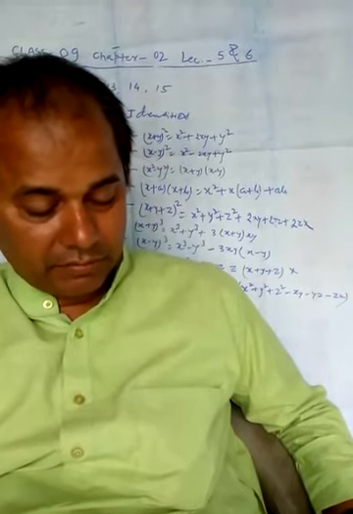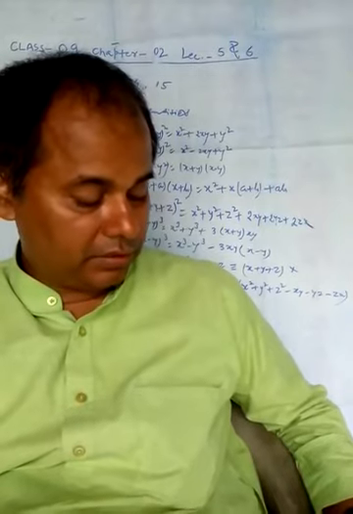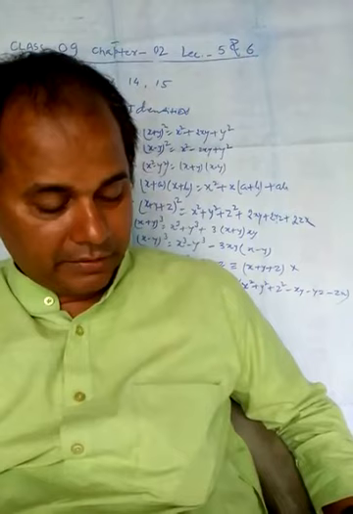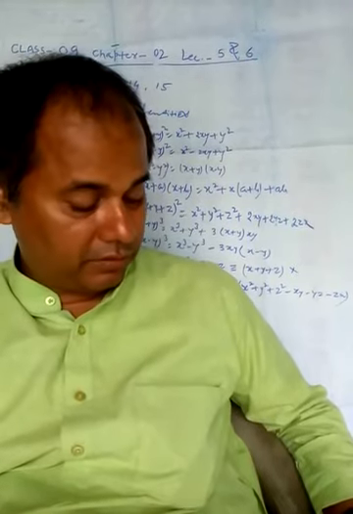By taking x minus 1 as common, we could have also got this by dividing p(x) by x minus 1.